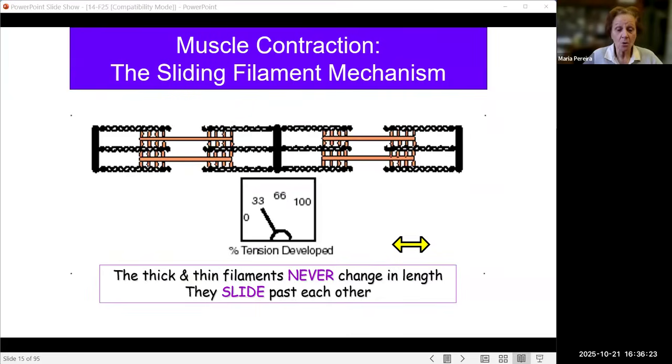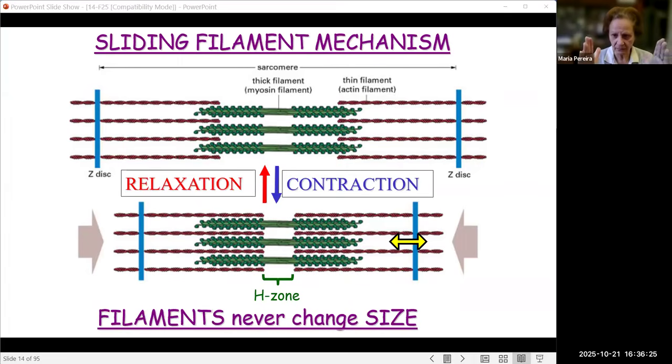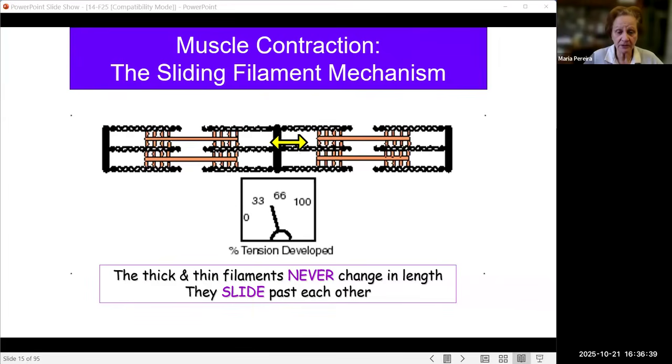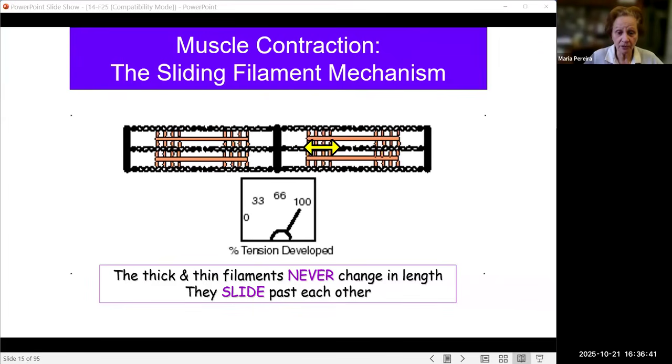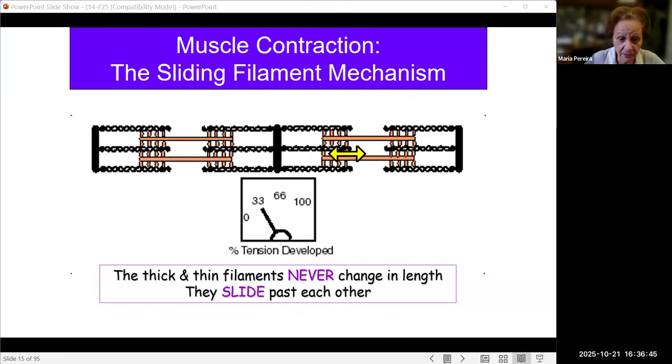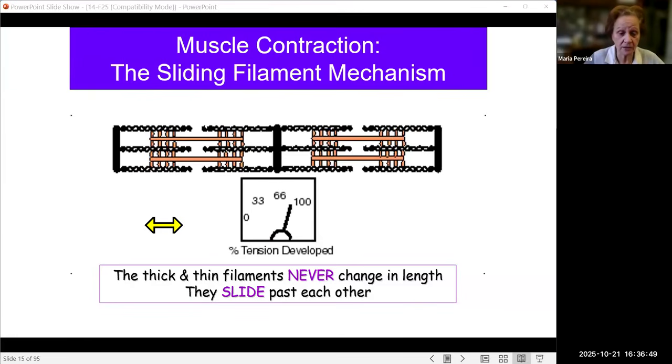Okay, so when the Z lines come closer, the narrowing of the Z lines develops tension or force. So here you see the Z line, you see the thick filament moving upon the thin filament, bringing the Z lines closer to each other.